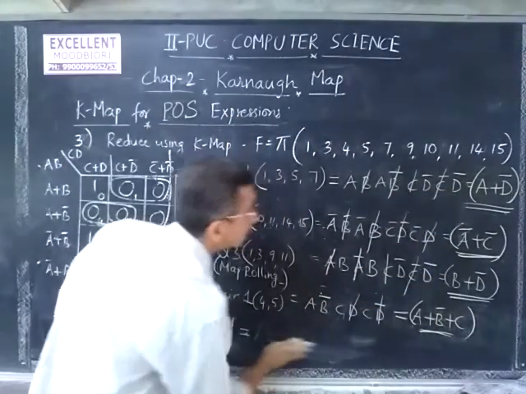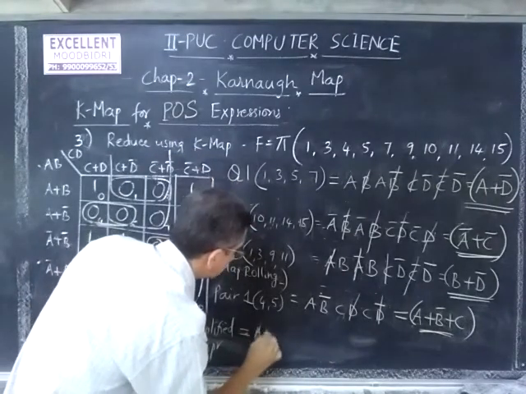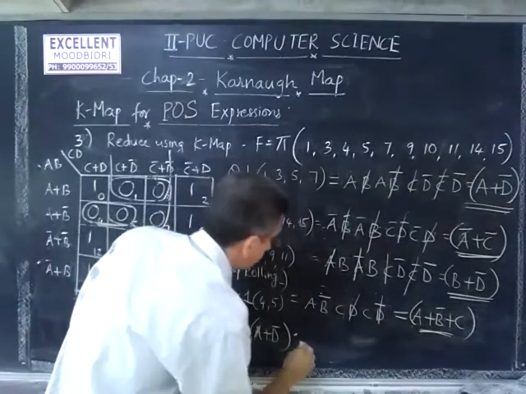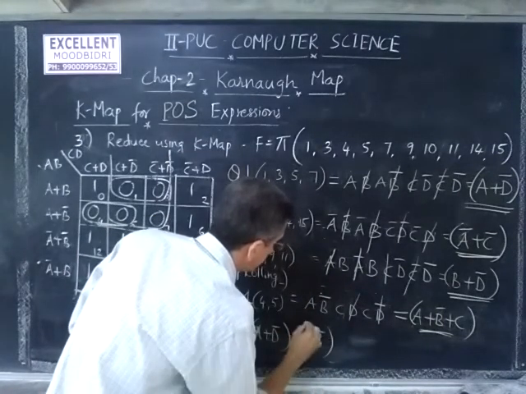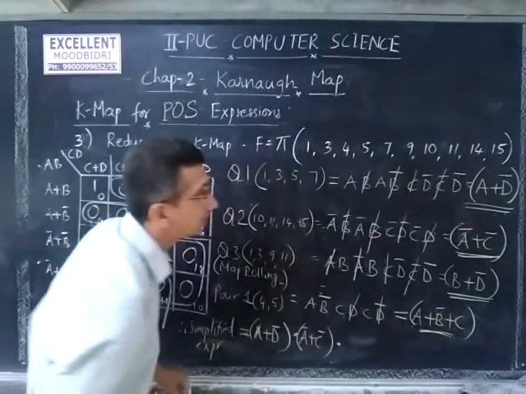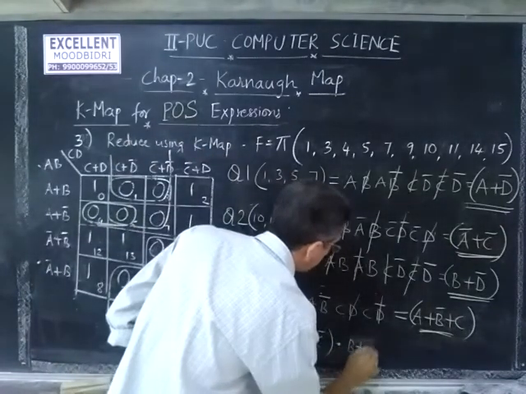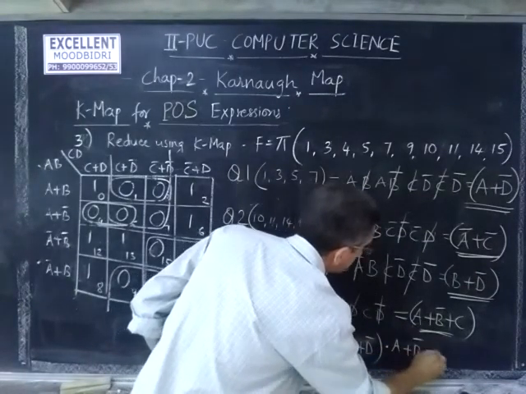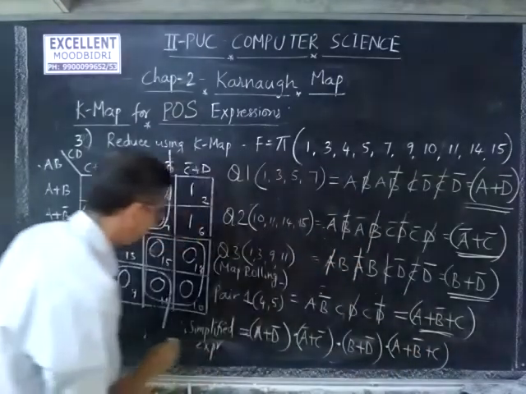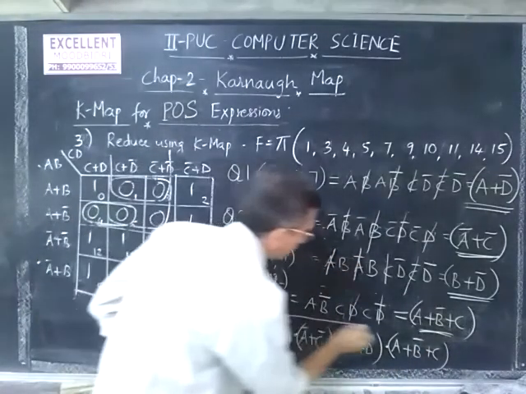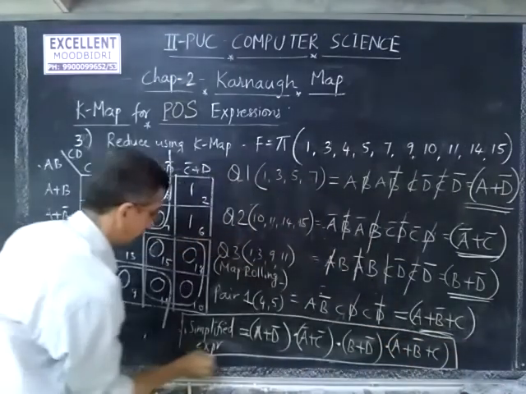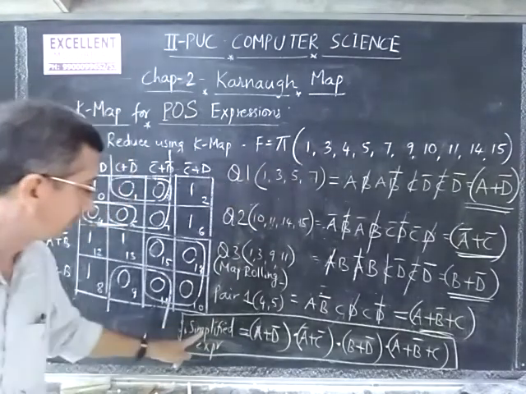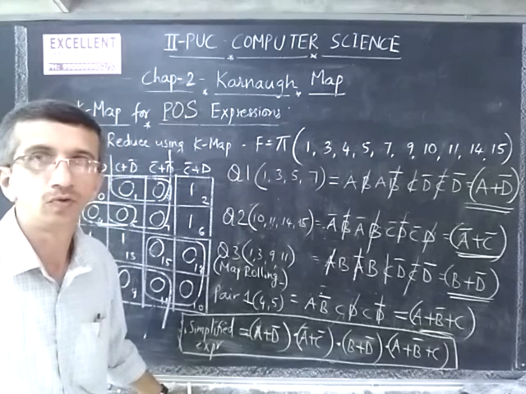That is A plus B bar into A bar plus C bar into B plus D bar into A plus B bar plus C. So that is the final simplified expression for the given POS expression. This is the simplified expression using the K-map. Hope you have understood this.